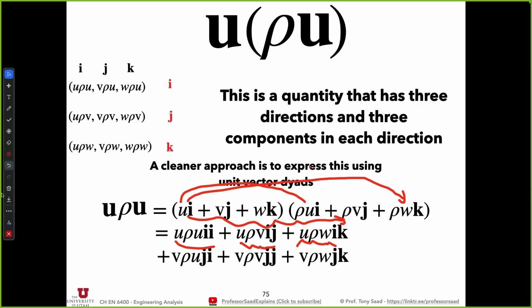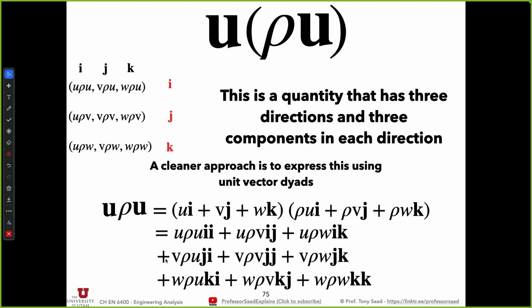Then I do the same for the remaining components, and we will spend some time on this. I'm going to distribute vj across all of the others, and I get v rho u ji plus v rho v jj plus v rho w jk. Let's stick with v rho u, for example. What is v rho u? It's the advection of rho u using the v velocity component.